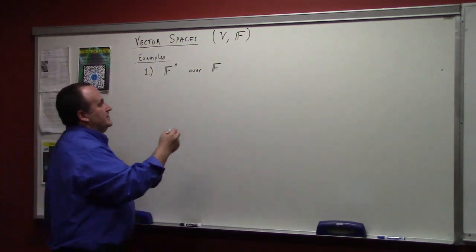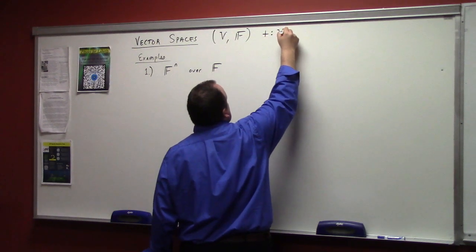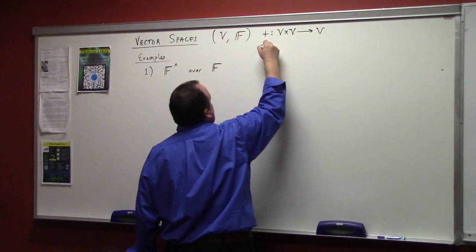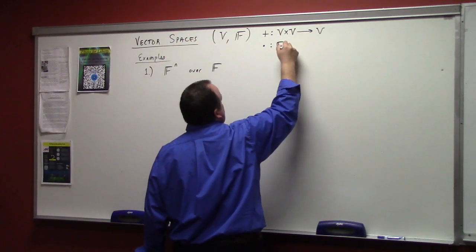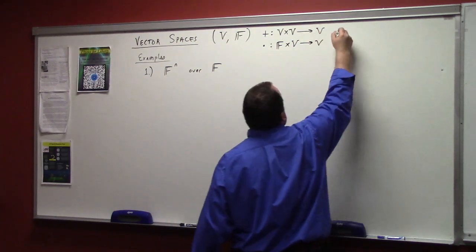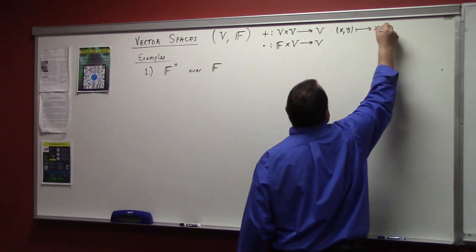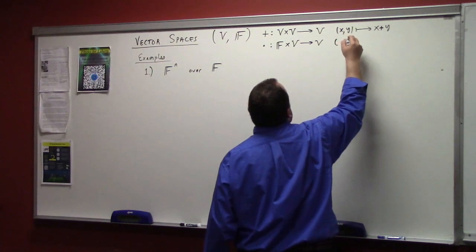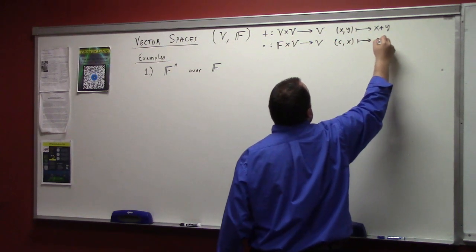And you have to have some addition which goes from V cross V to V, right? And you have to have some scalar multiplication which goes from the field across the vector space back to the vector space, right? Our typical notation is something like x comma y maps to x plus y. That's addition, right? And then c comma x maps to c dot x.